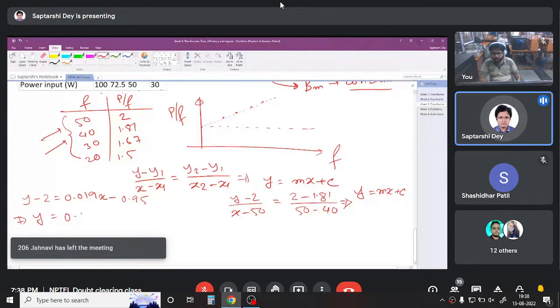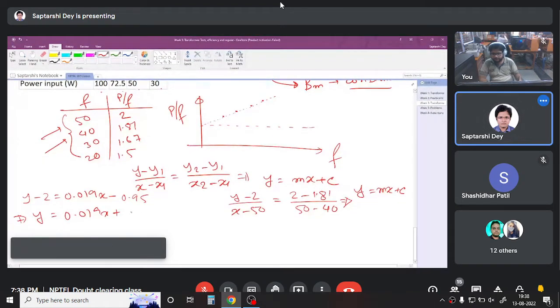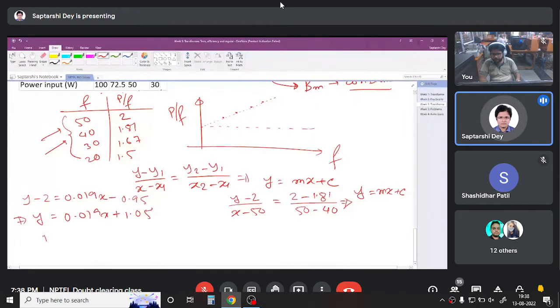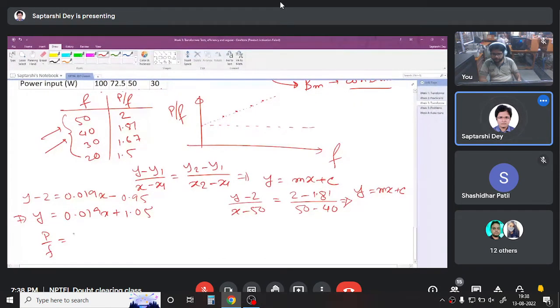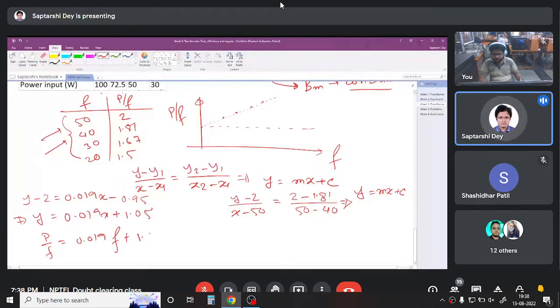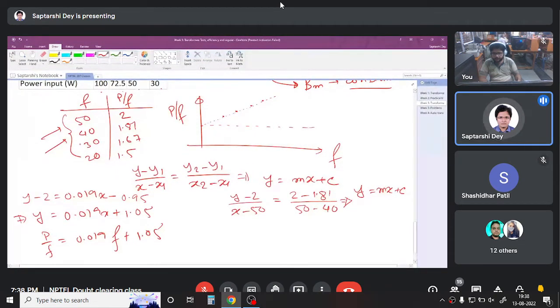So it is 0.019x plus 1.05. So what is y? Y is P by F. So P by F equals 0.019 F plus 1.05. You can put any other points and verify whether this is correct. Now you have P by F. So what is 0.019?